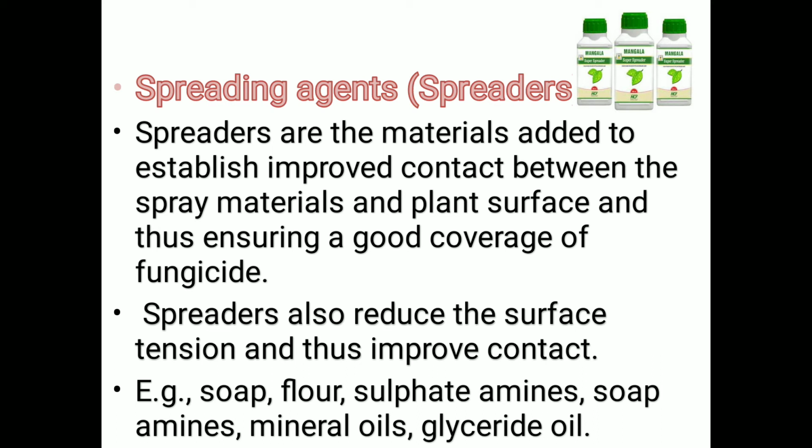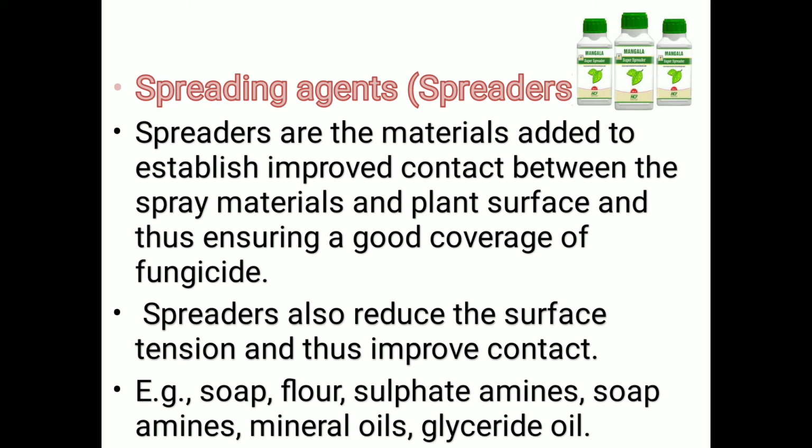Due to the use of a spreading agent during formulation, the fungicide is uniformly spread on the leaves, even though there are waxy leaves or a waxy coating on the leaves in some plants.